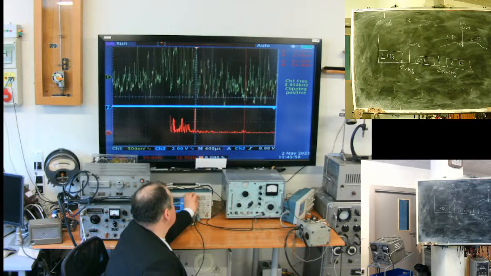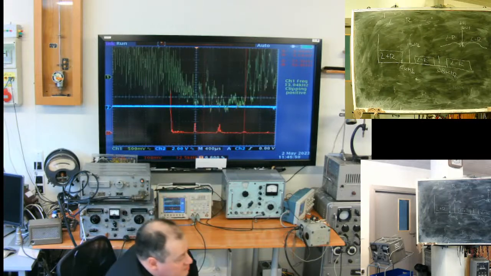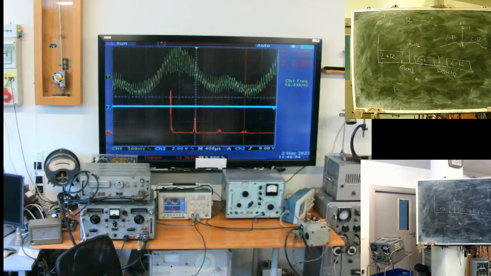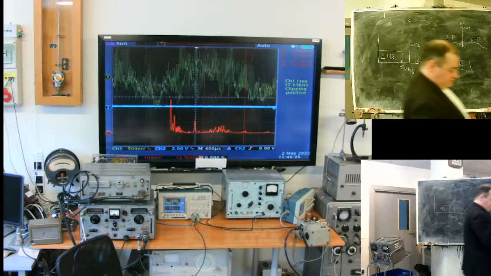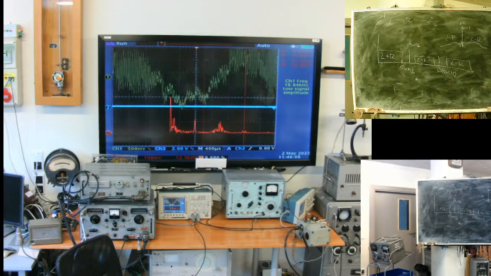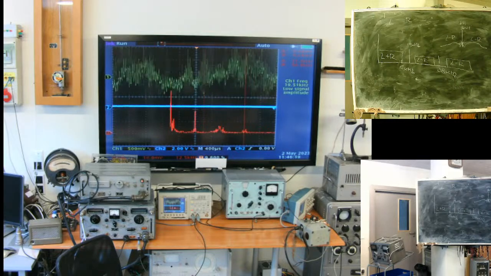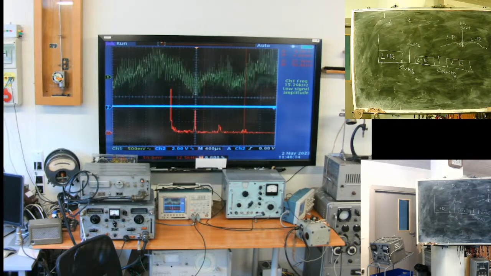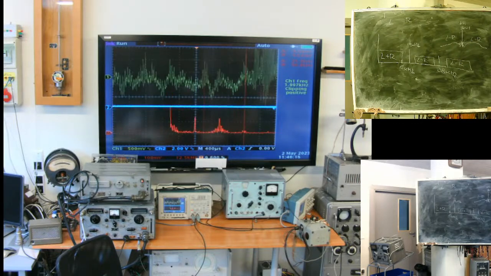But what's this? What's on the higher frequencies? The signal is more complex. Much more complex.